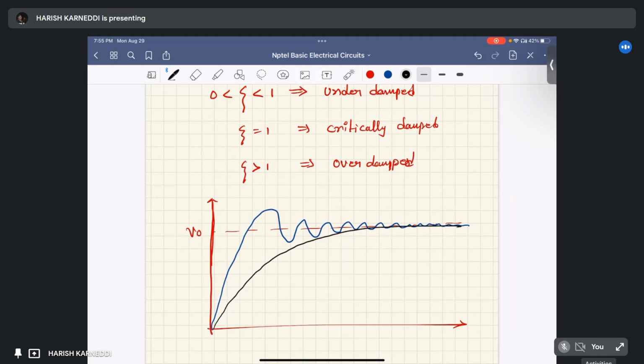If the system is overdamped, it is also without oscillations, but it takes more settling time. This is the difference. This is underdamped, this is critically damped, this is overdamped, plotted against time.